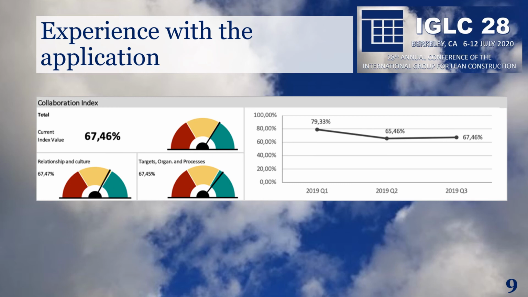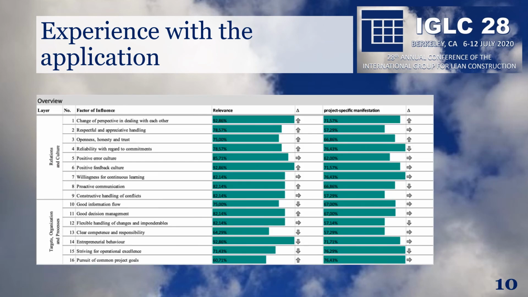Finally, let me show you what a report like this can look like. Here you can see a summary of the results. The exact individual results are shown here. For most applications, the survey was conducted quarterly.